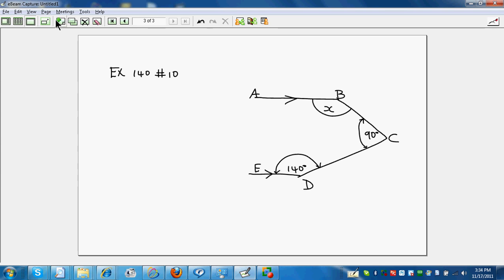Right? ED and AB are parallel. So if we continue this line here and we draw another parallel line going through C, and we extend this one here, so we have this parallel line going out like this.